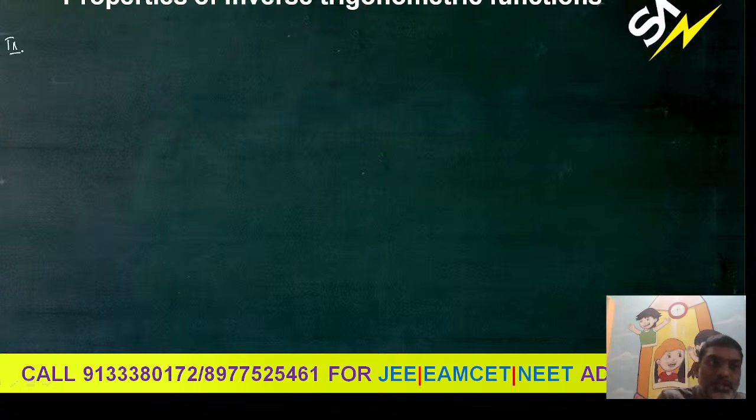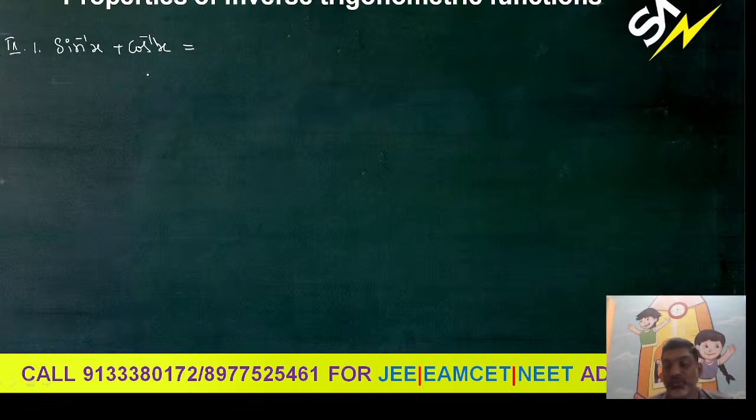Sine inverse of x plus cos inverse of x is equals to pi by 2, for all x belongs to closed interval minus 1 comma 1. Do you understand?